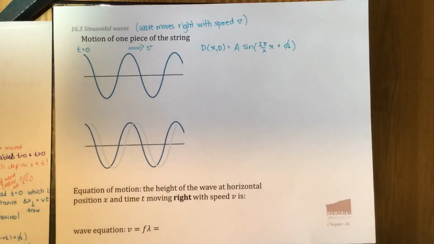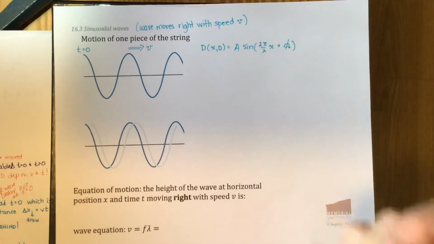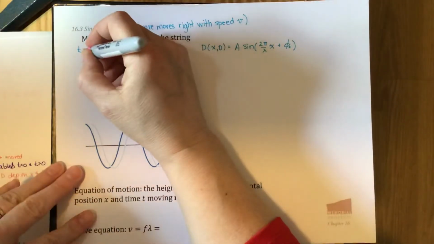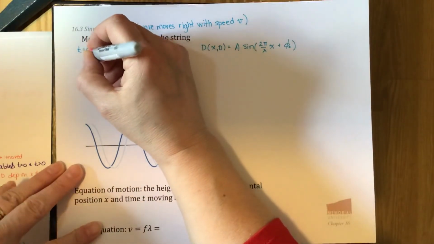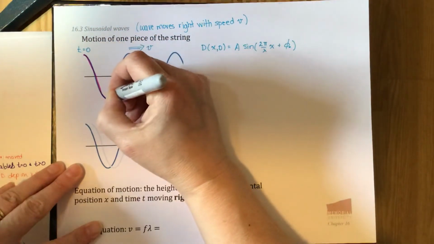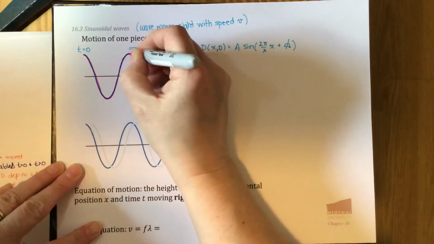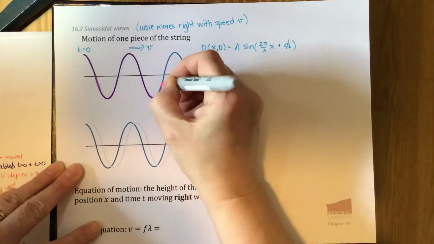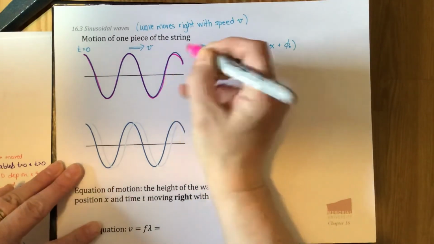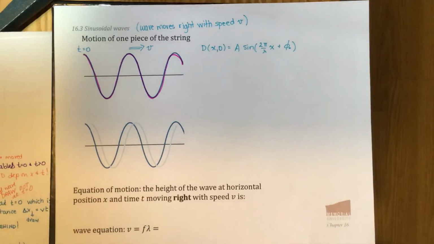So this is our first wave. And why don't we even trace that guy out? So this is at t equals 0. Just going to highlight that in pink. And if we need a reminder here, we can put this in.